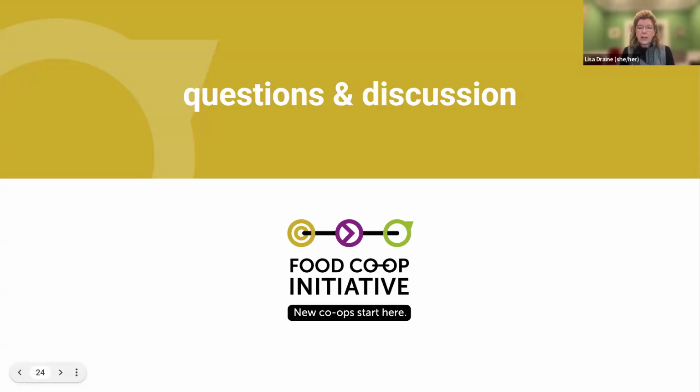Even on grants, we've already encountered this. If you're applying for grant funding, they want to know the timeline of your project. For us, the project is building this co-op, and they want to know your budget in year one, year two, and year three. So you can tie those to the milestones and the stages, to show that we're going to meet this, and then we're going to move on here.